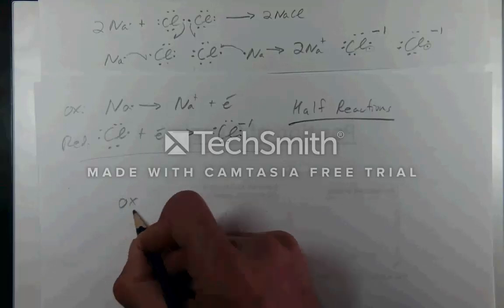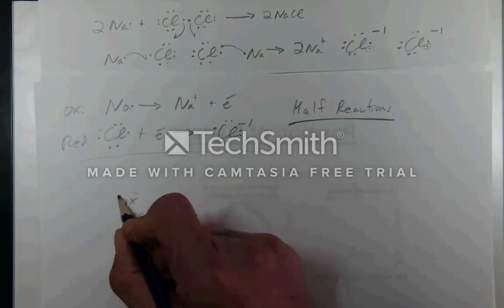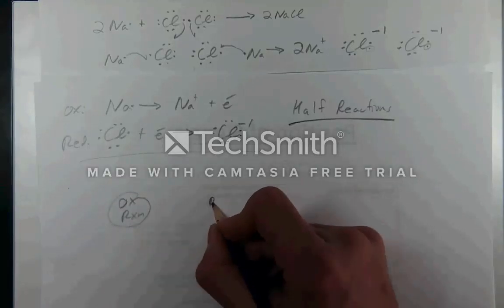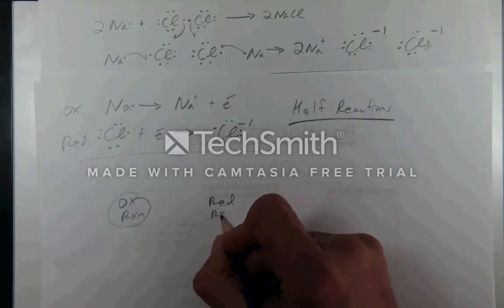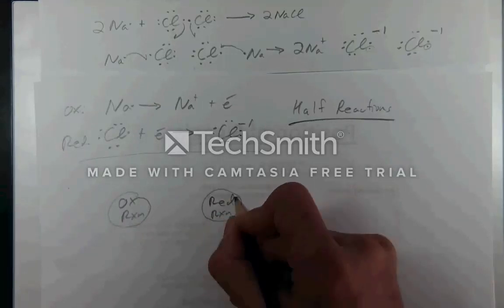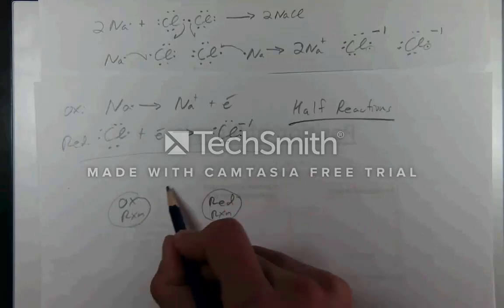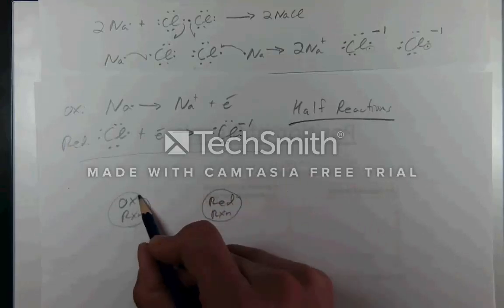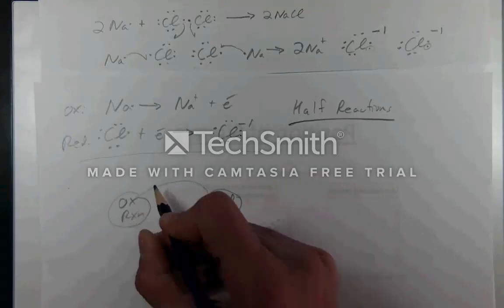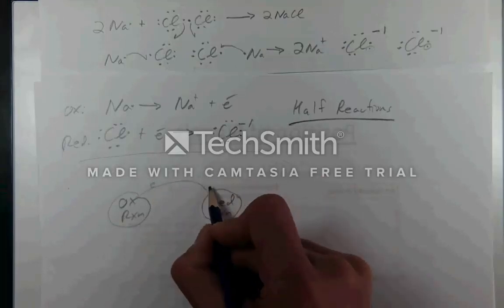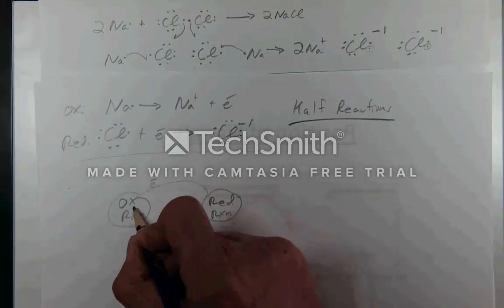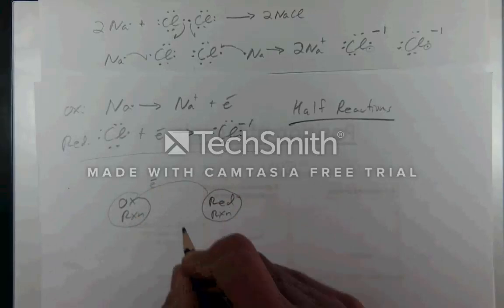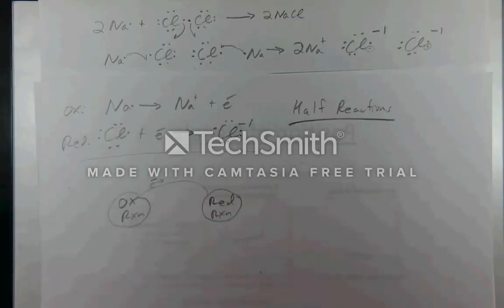So I'll put the oxidation reaction here, doesn't matter what it is. I'll put the reduction reaction over here. If we have a way of isolating these two, but we still need to connect them so the electrons can flow through, the electrons are going to go from the oxidation to the reduction, right? The electrons are going this way.